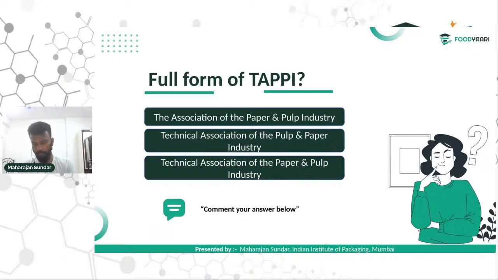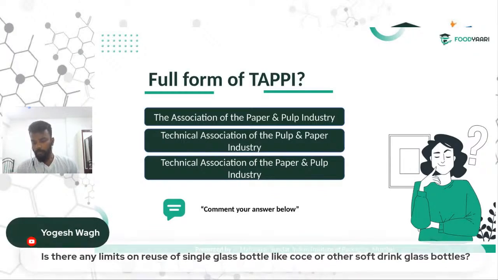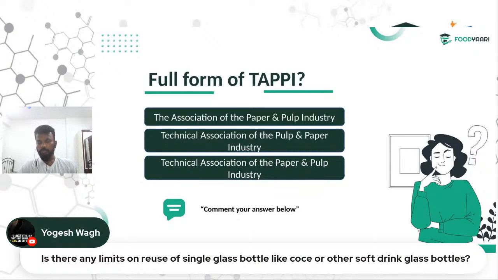Is there any limit on reuse of single glass bottles like Coke and other soft drink bottles? For glass bottles, they should be sanitized properly. Once it is collected from the end user, the retailer will transfer it to the distributor.